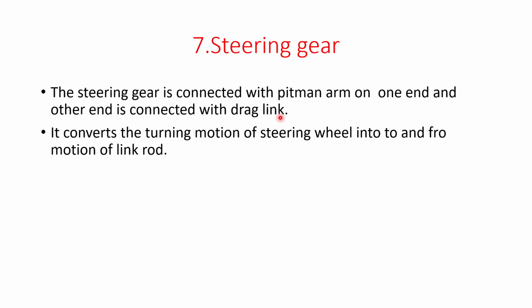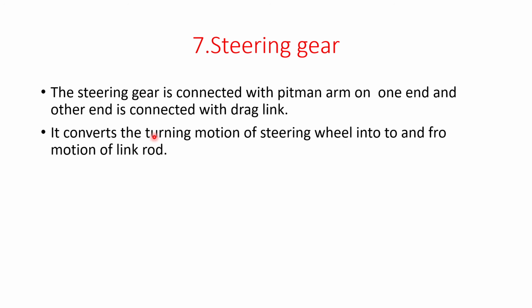And the steering gear. The steering gear is another important component of a vehicle's steering system. The steering gear is used for converting the turning motion of the steering wheel into to-and-fro motion or linear motion of the link rod. You already saw the definition in previous slides.